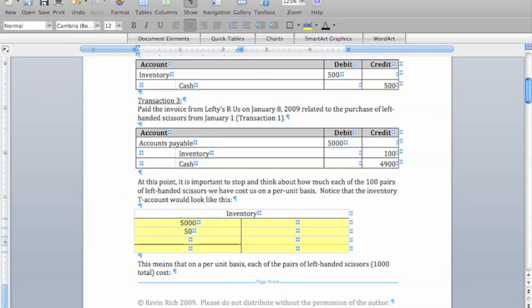We also increased inventory by $500 to pay shipping, but then we got a little bit of a discount by paying early. And so in inventory for these 1,000 pairs of left-handed scissors, we have a total cost of $5,400. And so what this means is that each of these items in our accounting records has cost us $5.40. And this is actually going to end up being important when we start selling items.